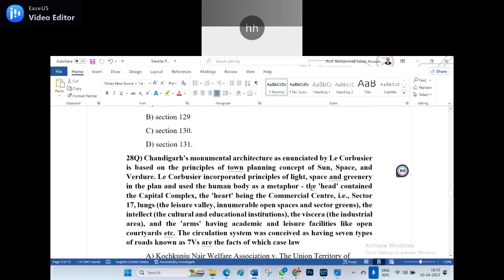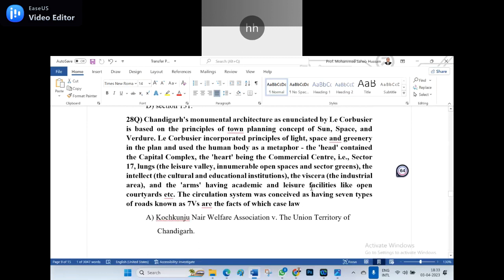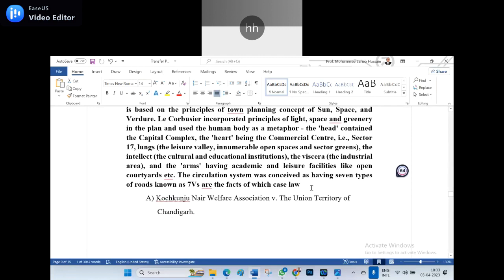Chandigarh's monumental architecture is enunciated by Le Corbusier. It is based on the principle of the town planning concept of sun, space, and verdure. Le Corbusier incorporated the principle of light, space, and greenery in the plan and used the human body as a metaphor: the head contained in the capital complex, the heart being the commercial sector 17, the lungs the leisure valley, innumerable open spaces, sector greens, the intellectual, cultural and educational institutions, the viscera the industrial area, and the arms having the academic and leisure facilities like the open courtyard.